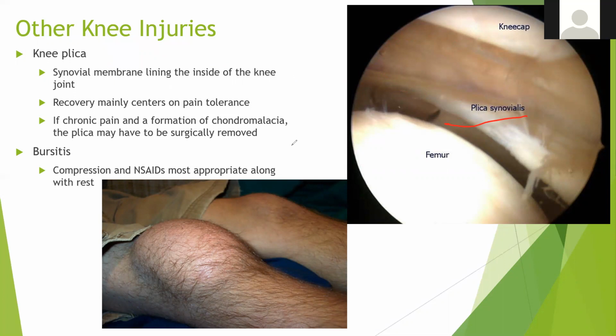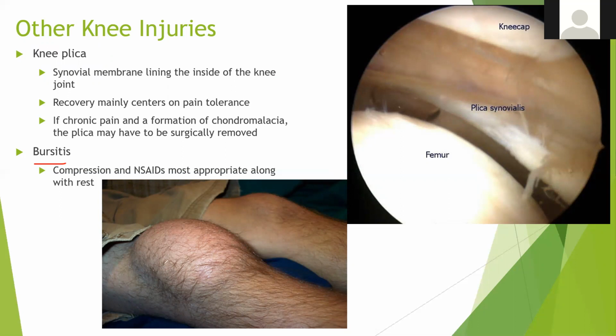With this, usually you do nothing except rest it if you have pain. Sometimes if you have chronic pain associated with this, it can form little tears or segments that fall off, and they can irritate the knee further, which might need to get cleaned up, so surgically removed. And then bursitis. Bursitis is where you have an inflammation in your bursa sacs.